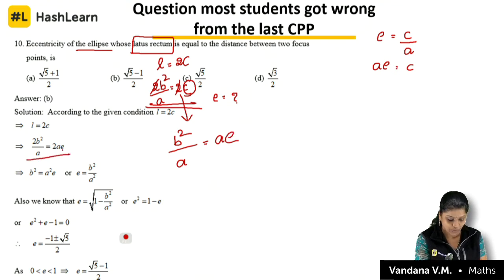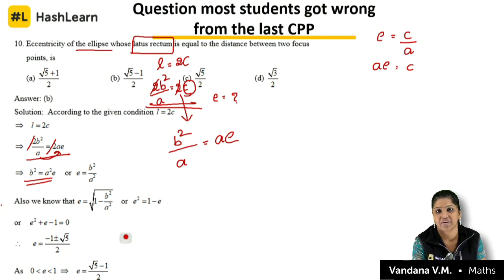That's what I wrote here. Isn't it? Both sides, the 2 will get cancelled. Do the cross multiplication. We get b square is equal to a square e. Now e is equal to b square by a square. But we know that e is equal to root of 1 minus b square by a square. From where did we get this?